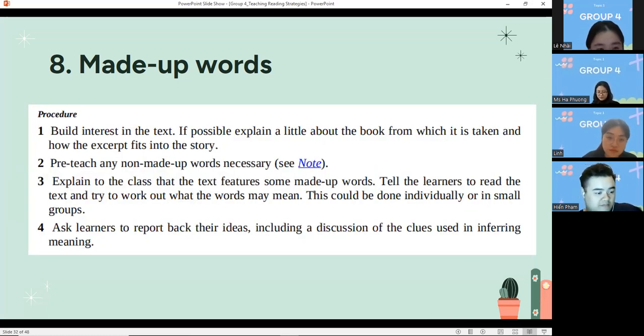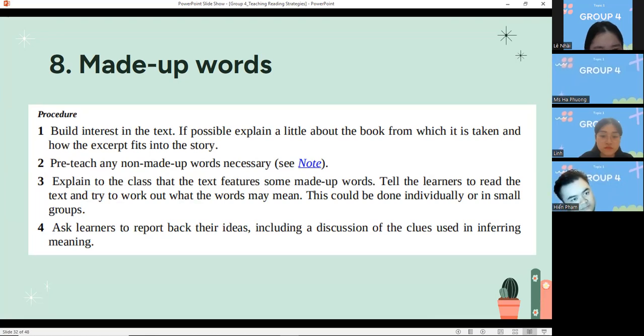The first one, the teacher will build interest in the text. If possible, the teacher will explain a little bit about the book form it is taken from and how the excerpt fits into the story.